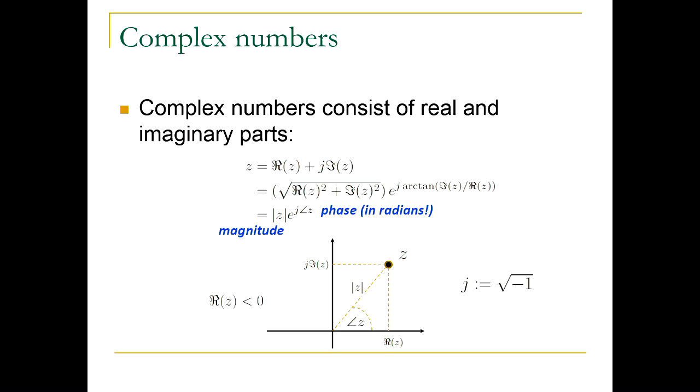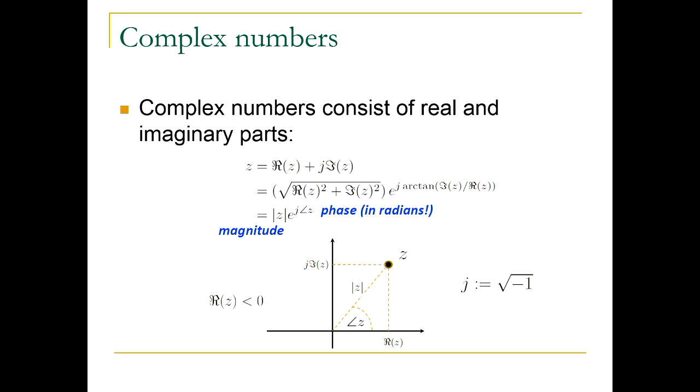But we can also represent these complex numbers in polar coordinates, where the distance of the number from the origin is the magnitude of the number, and then the phase is given by the angle that the line connecting the number to the origin and the real positive axis make, right? So we can write it as the magnitude times exponential j times phase.